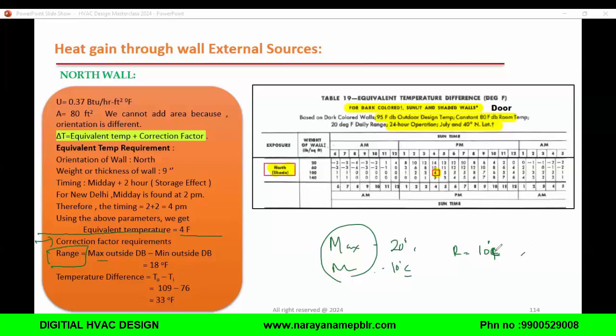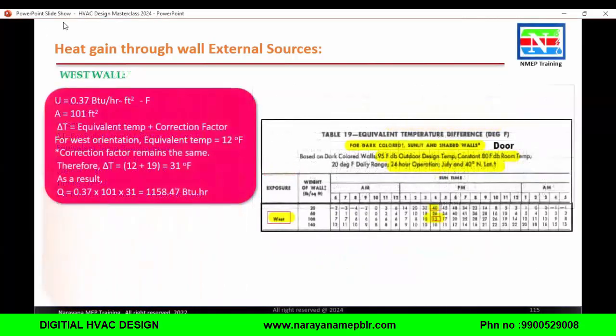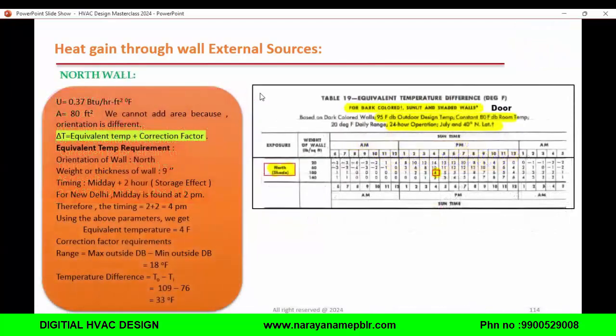I'm showing in Celsius; you can convert into Fahrenheit as per the requirement. Now our temperature difference, outside minus inside: outside is 109, inside is 76, you get 33 degrees Fahrenheit. Based on that, the correction factor is not shown here. I'll show you the table.